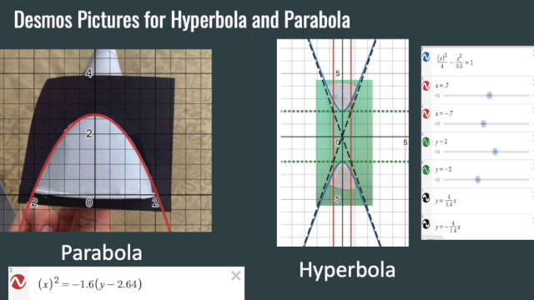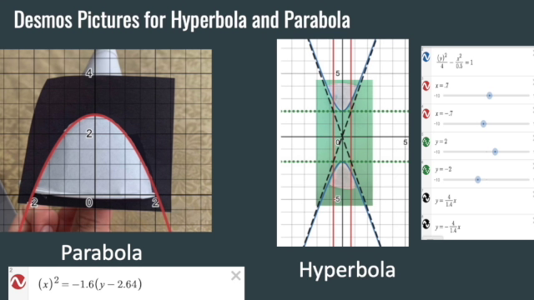And that's our hyperbola. For the parabola, we estimated that the vertex is 0, 2.64 by zooming in on Desmos. We know that the equation for an upside-down parabola will be in the form of x minus h squared equals 4p times y minus k. So we plugged in 2.64 for our k value. Therefore, our equation so far is x squared equals 4p times y minus 2.64. To find the p value of our equation, we needed a point on the parabola.